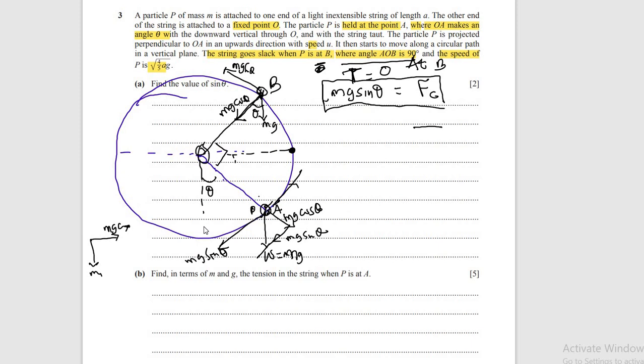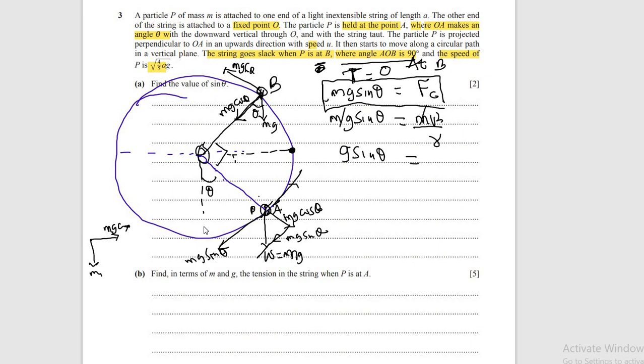At B, since the string is slack, T is equal to 0, so the only force bringing the particle toward the center is mg sin theta. So we have mg sin theta equal to centripetal force, mv squared over r. The m cancels, and at B we have g sin theta.